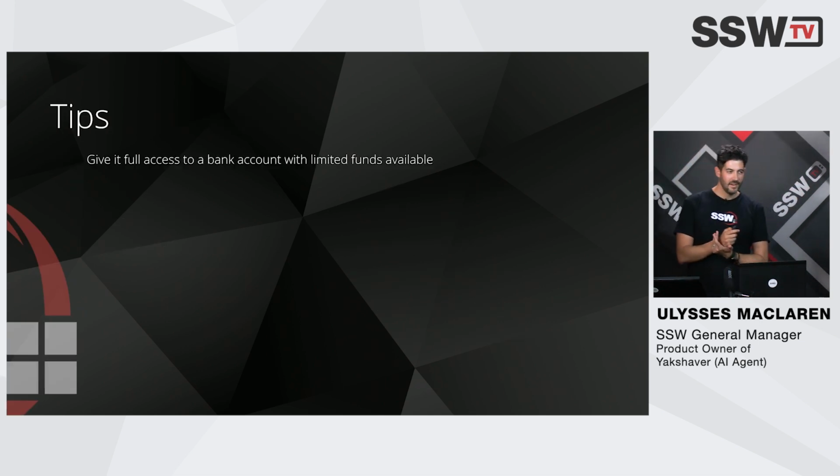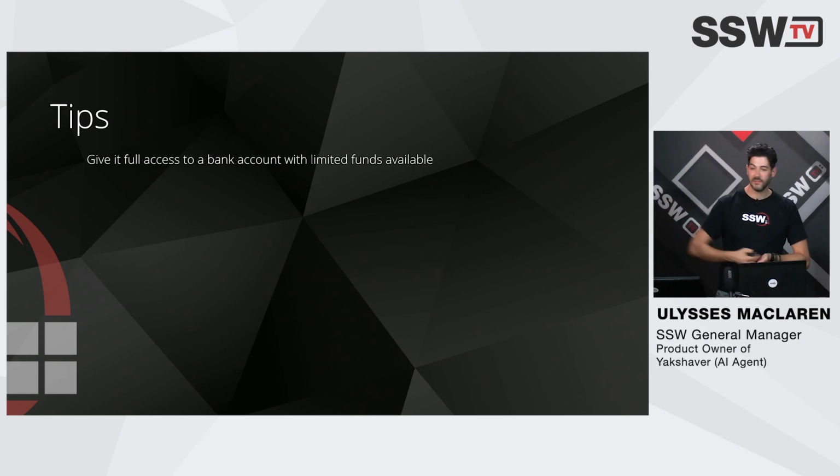So, a good tip for this is, if you're anything like me, you're a little afraid of what this is going to do, right? It's acting as you online. So financially, you can give it access to a bank account which only has like $50 or $100 in it.